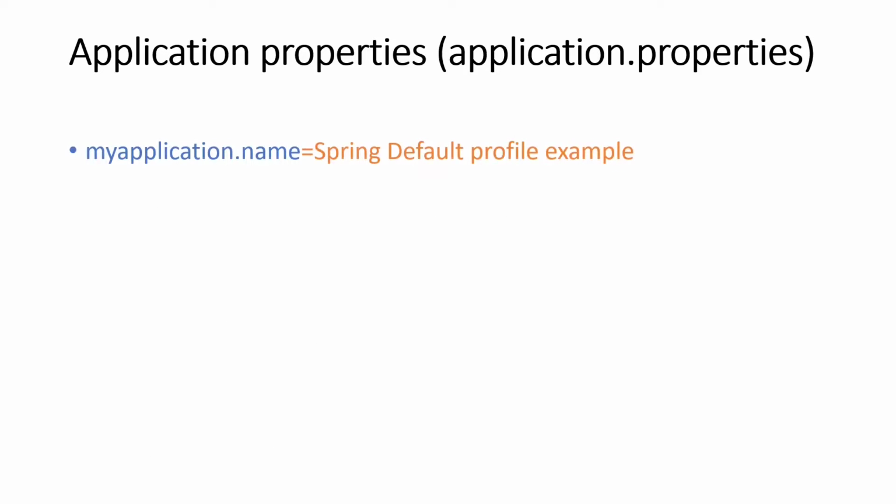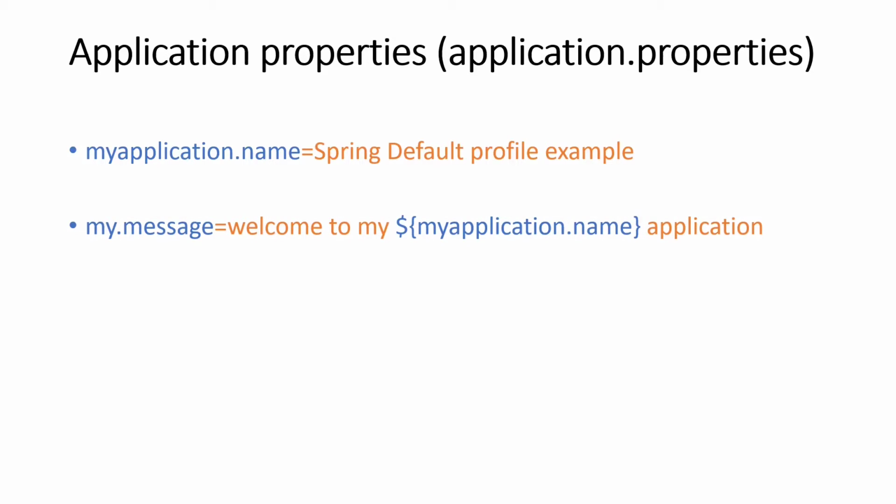Okay, next thing what we'll do, we'll create a few custom properties in our application properties. Like I'll say my application.name is equal to Spring default profile example. So this I'll write. Another thing is my message. As you can see, I have added the key my application.name inside the another key my message. So we can use the keys in this manner as well.